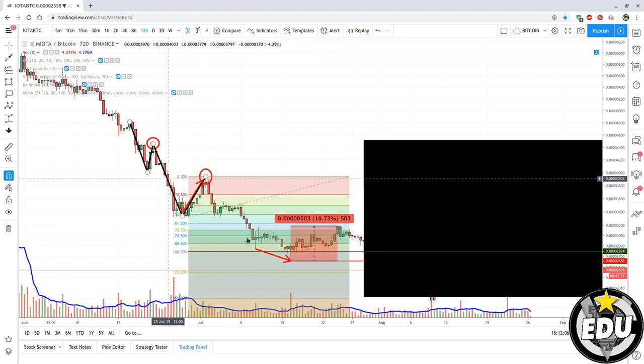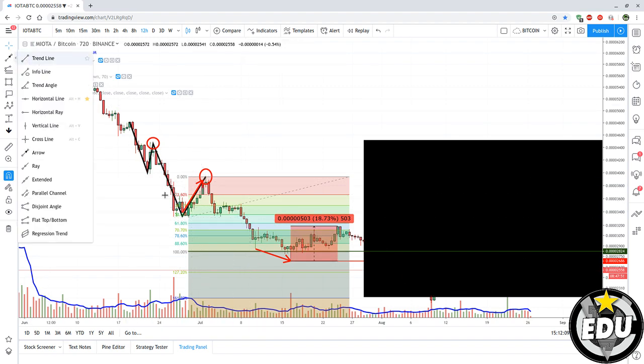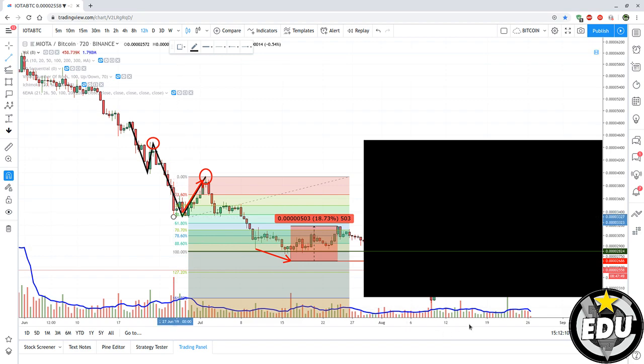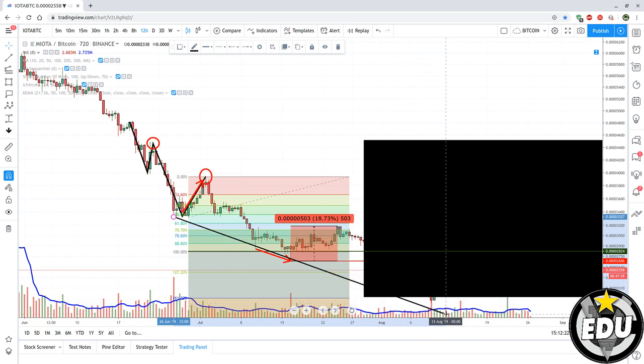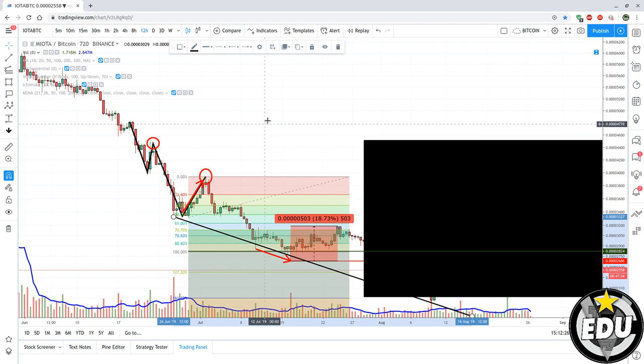Oh, I can trace a line. I can connect this low with this low, and I have a level. On the third touch, that line is confirmed. So it's for sure a confirmed line. Then I can keep an eye on it for the future too.